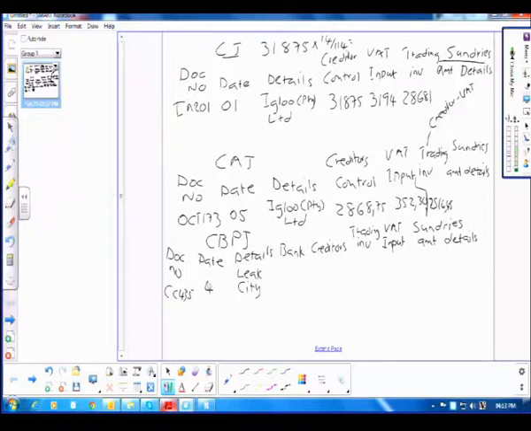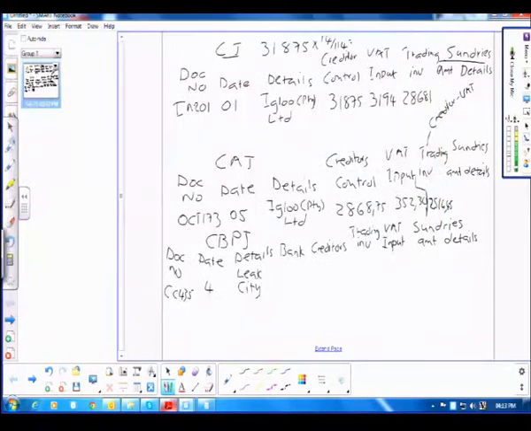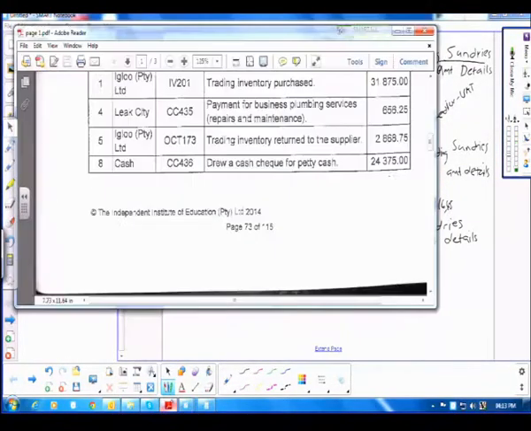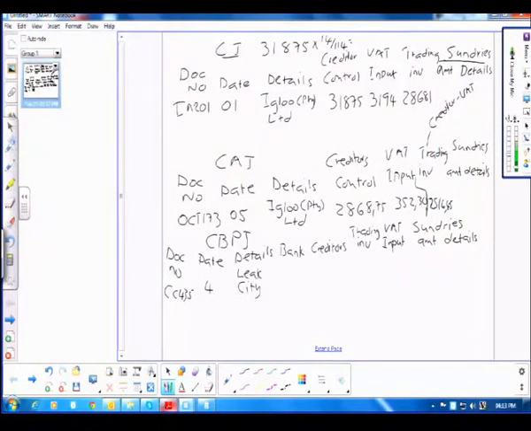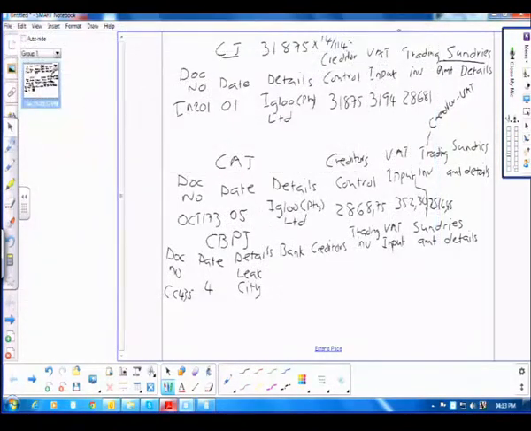All right, so what are you paying for? You're paying for repairs and maintenance. Can you see that? So here, what happens? Let's just see the amount, 656.25. So when you pay, you put the total amount in the bank column. 656.25.